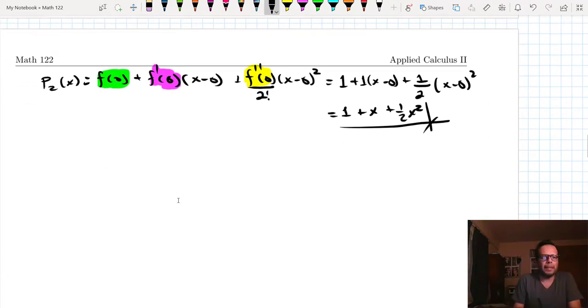Let's go over P3. P3 will be, I'm going to write all the generic formula first.